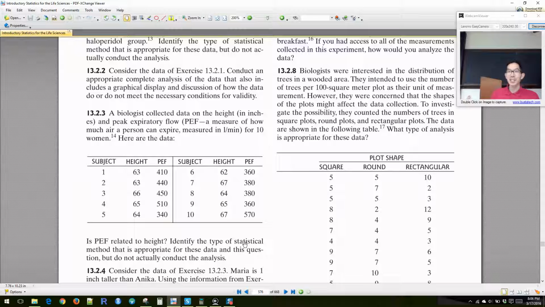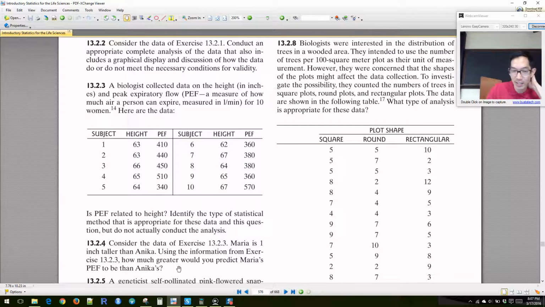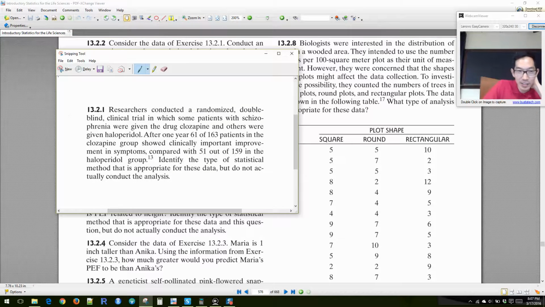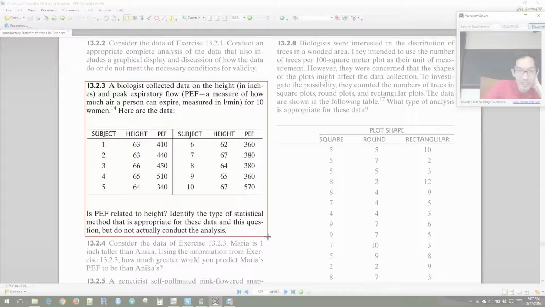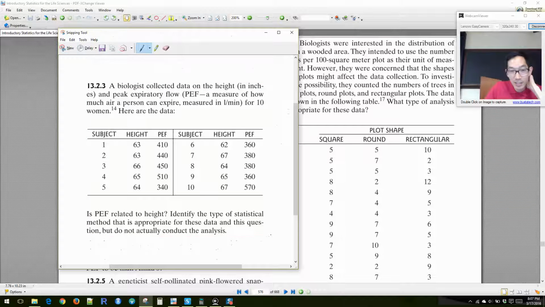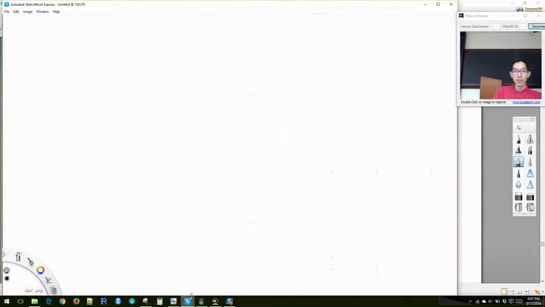I can't say which test should you use, now find the chi-squared statistic. For the remaining questions, I will tell you which test to use.